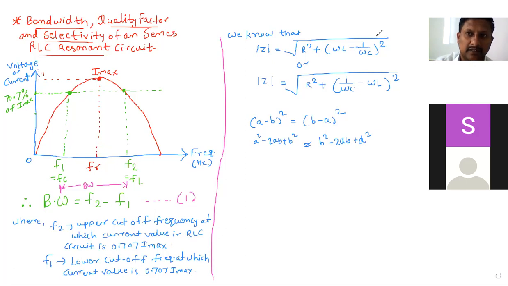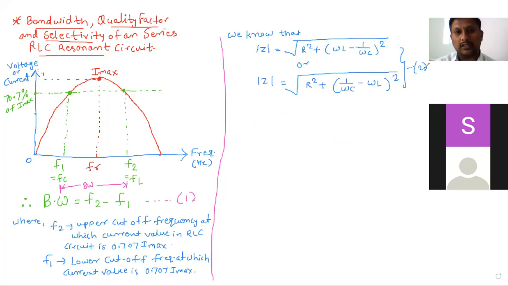Are you getting my point? Did you understand this point? Yes, sir. Okay, so why I have taken, I will tell. Now, these combinedly I will give the equation number 2.